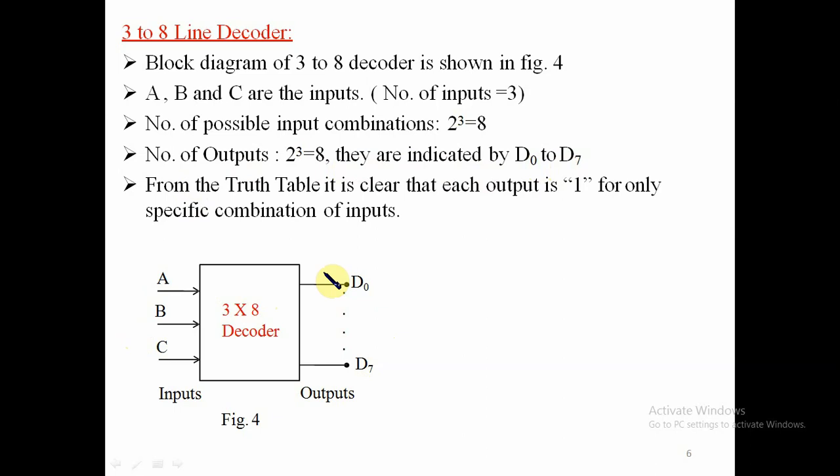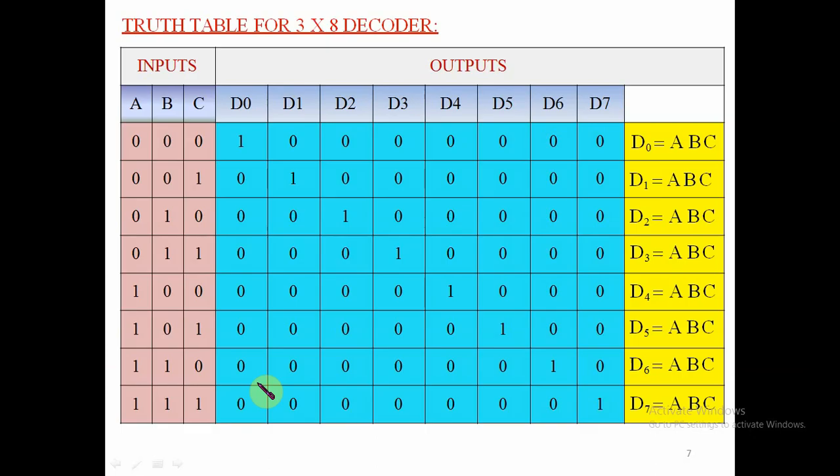From the truth table it is clear that each output is 1 for only a specific combination, meaning from D0 to D7 one output goes high and the remaining are low as per the input sets. We'll see the details. Here is the truth table, the inputs. For 3 to 8 we require 8 combinations from 0 0 0 to 1 1 1. These are the inputs, here are the outputs, and here we take the Boolean equations.